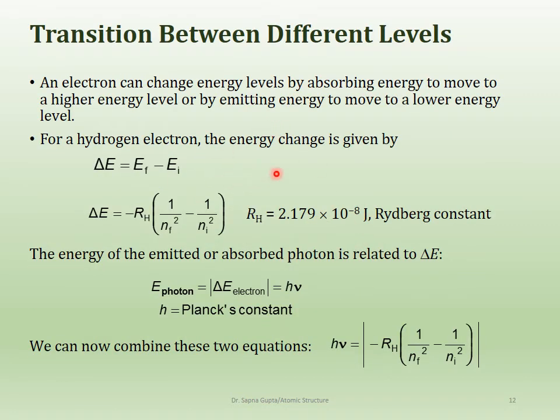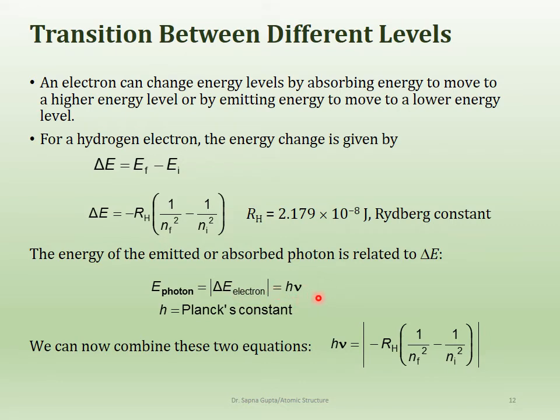With all the different equations that we have, we can combine all of them and finally get this equation over here. We have Rydberg's equation, we have Bohr's equation, and of course we have Planck's equation. How can we forget Planck? Because Planck is the one who links energy to frequency.